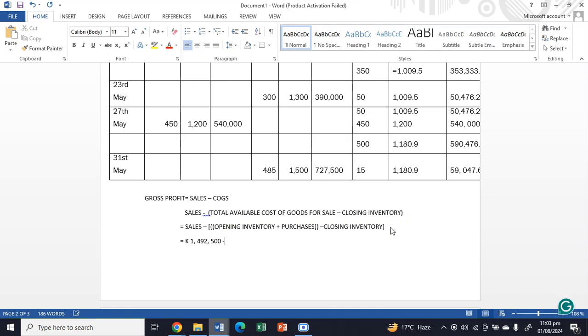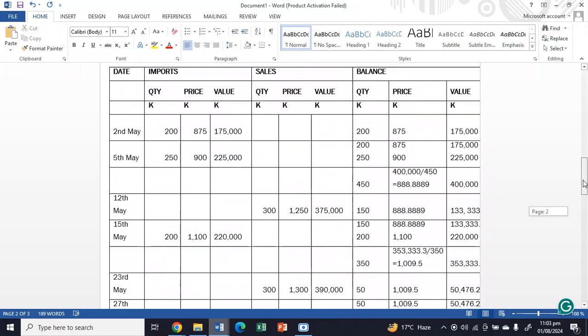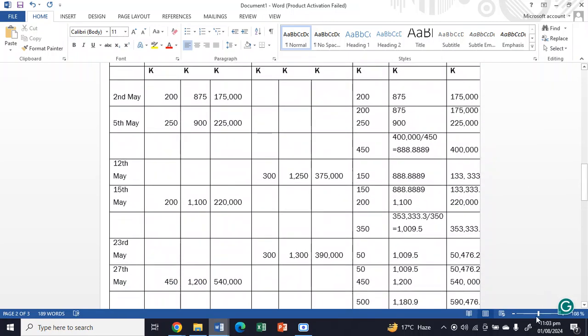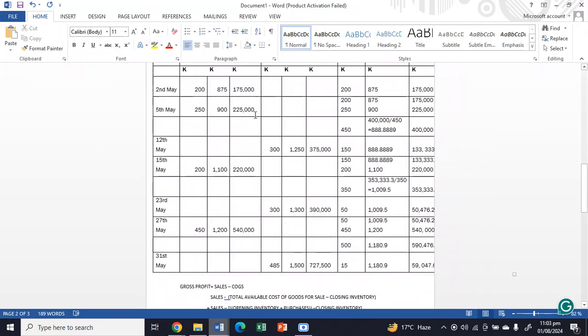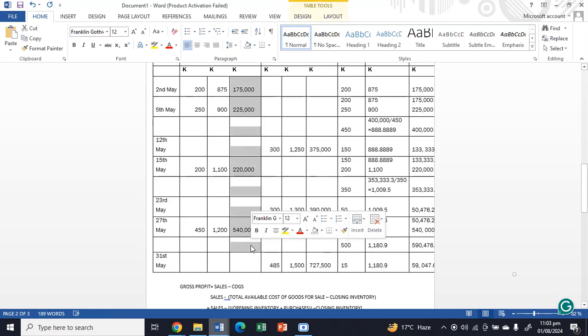1,492,500 minus our opening inventory is 0 plus purchases. In this case, it's the imports. Okay, so we add the total imports. So we say 175,000 plus 225,000 plus 220,000 plus 540,000.